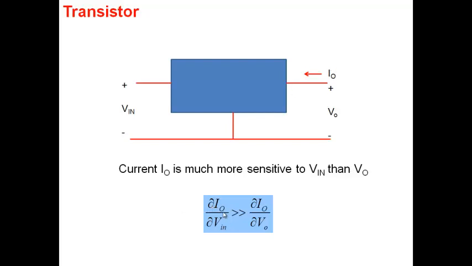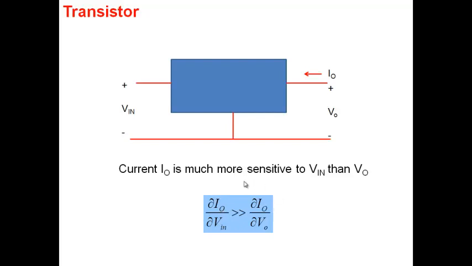Del I0 by del V in, which is the transconductance, is much larger than the change in output current versus change in output voltage, which is the output conductance. So to call a three-terminal device a transistor, we have to see that it exhibits this kind of property, that the transconductance is much larger than the output conductance.